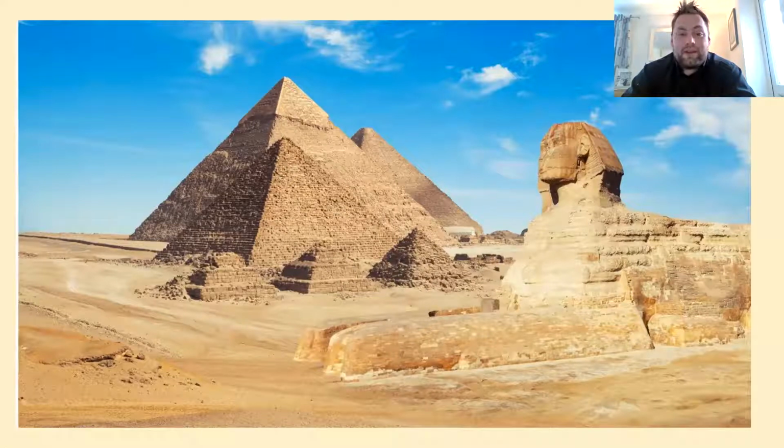People have always wondered how they managed to build these things, which makes the ancient Egyptians a very intriguing civilization to look at. It's amazing how they were able to create these things without modern technology, but they managed it.